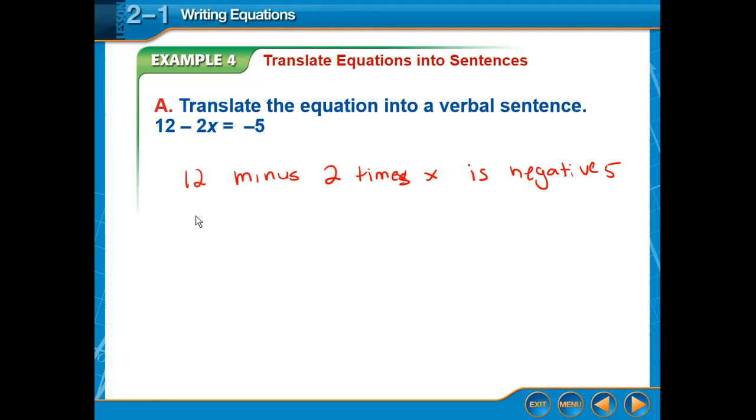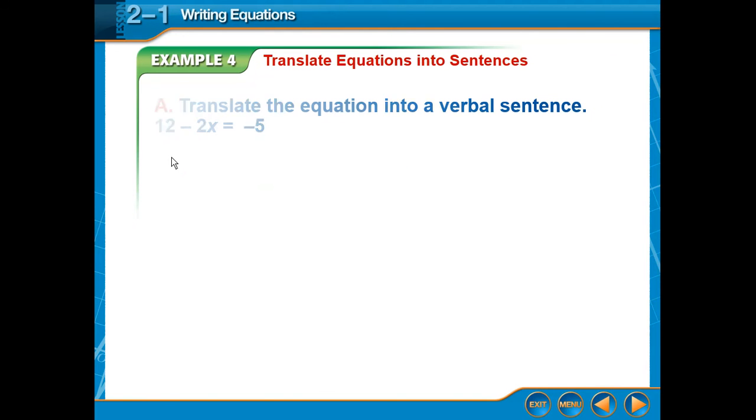You can say 2x less than 12 is equal to -5, or a combination of those two ways that I said. So you don't necessarily have to use that. You can also say 2x subtracted from 12, however you want to say it, just as long as it's in words and it comes out to the right equation.